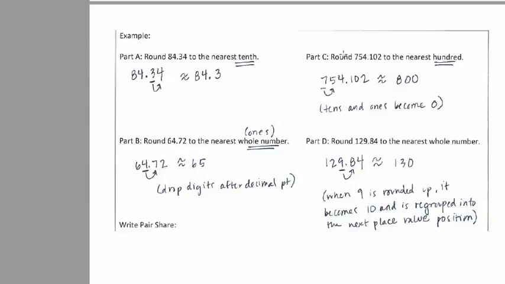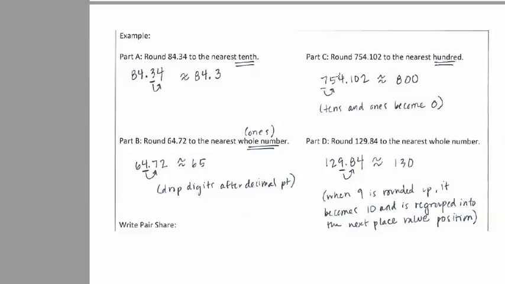However, in part C, I'm asking students to round to the nearest hundred. I'm not rounding to the nearest hundredth, I'm rounding to the nearest hundred. Let's make sure that we identify the difference between hundredth and hundred. I underline the 7, I look next door, and this is a 5. So 5 or more, we round up. I'm rounding up to 8. But I can't just leave it as an 8, because 8 isn't anywhere close to the value of 754.